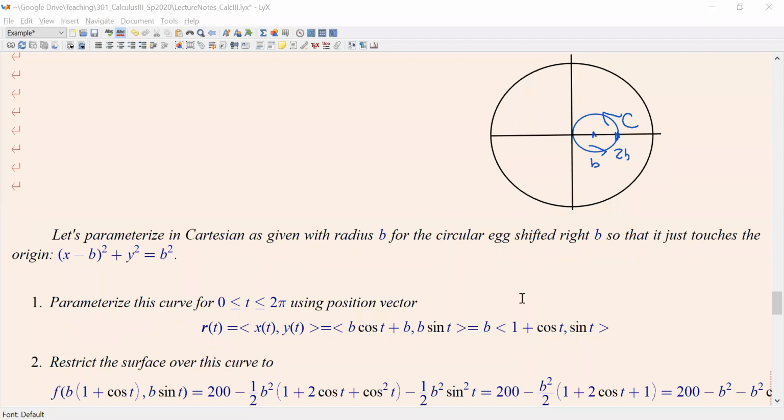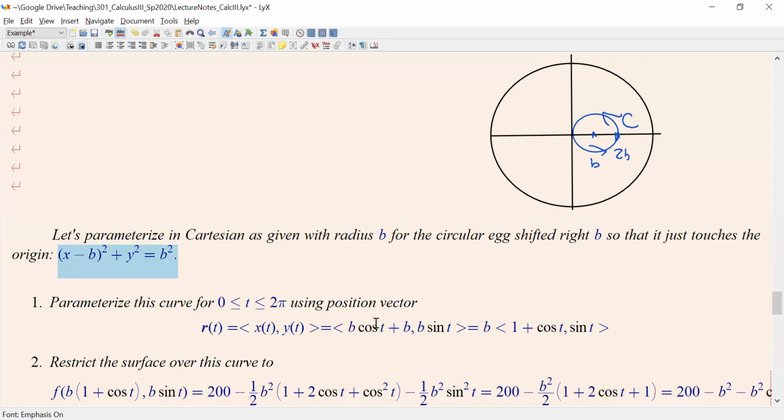And so then I can parameterize my curve in terms of this equation, (x minus b) squared plus y squared equals b squared. So I want to think of it kind of like a circle. So my x minus b will represent cosine.